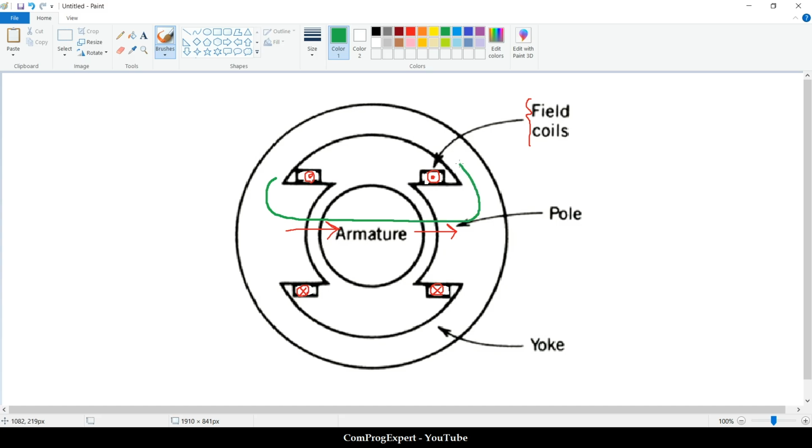So this is one flux line, and after excitation of the field coils, we can build up a field that is passing through this gap, through the armature, this pole, and the back iron, the stator yoke. And here, this is another flux line. So, here is the direction.